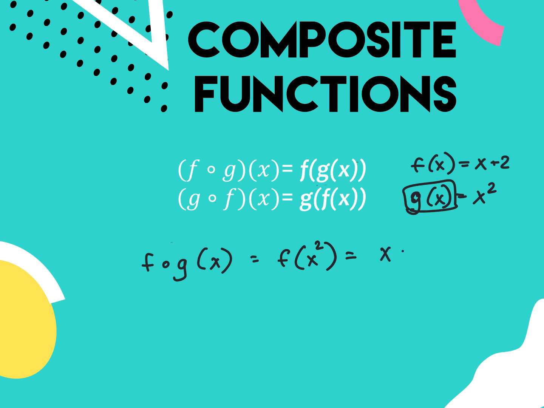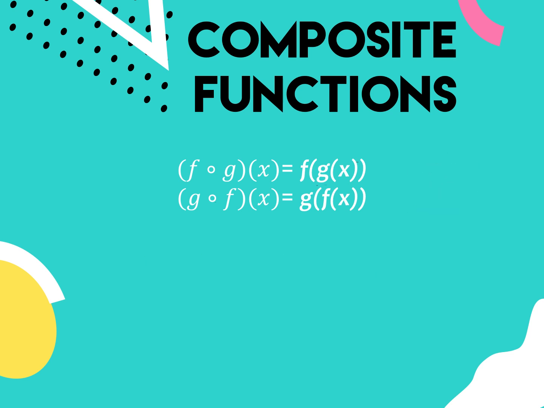So I go to my function for f of x, and I'm going to plug x squared in for that x, okay? We'll do some problems and you'll see, but all I'm really doing is I'm plugging in whatever g of x is into f of x.